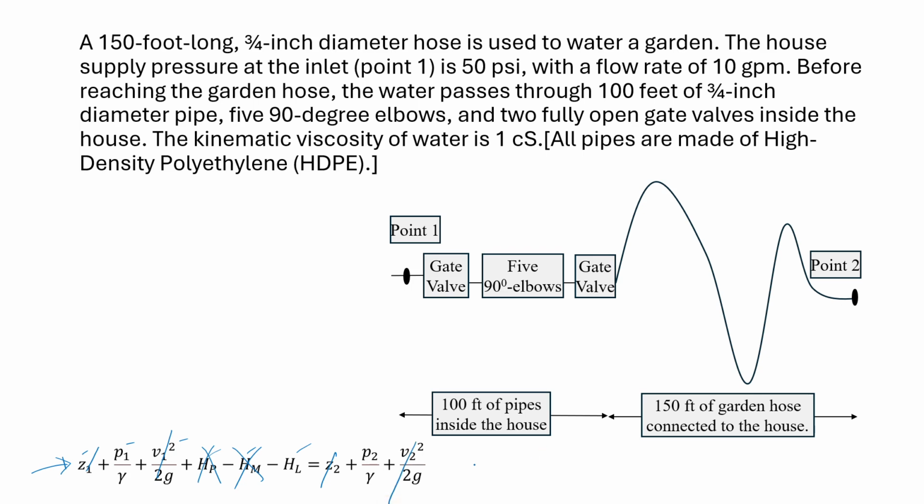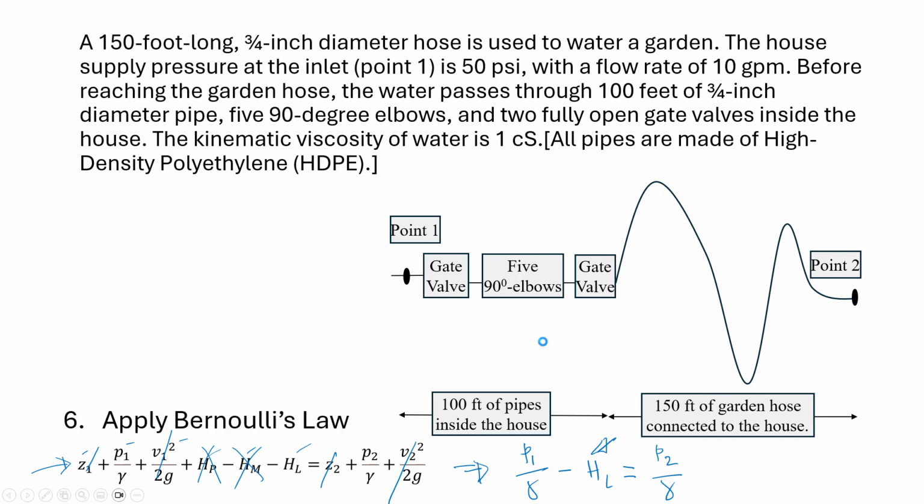So the only thing you need to worry about is the pressure head at point 1, which is P by gamma, minus the loss between point 1 and 2, and whatever is left will be available at point 2. The loss is the piece that we're trying to calculate in this problem.